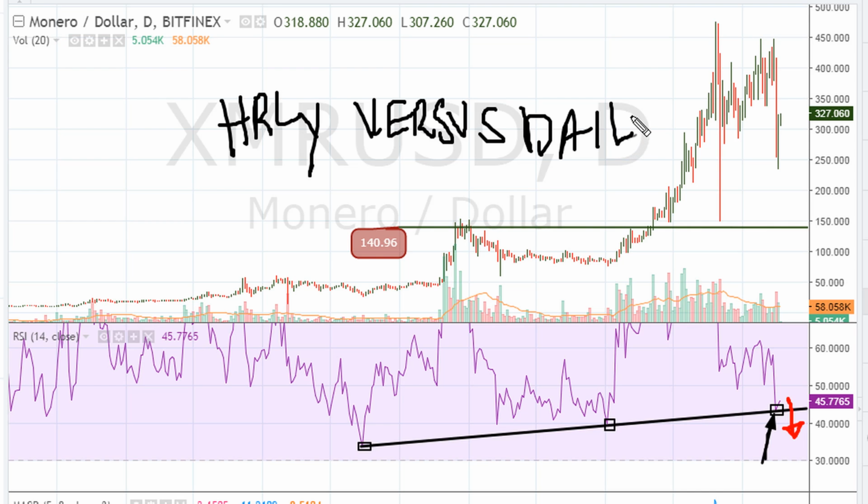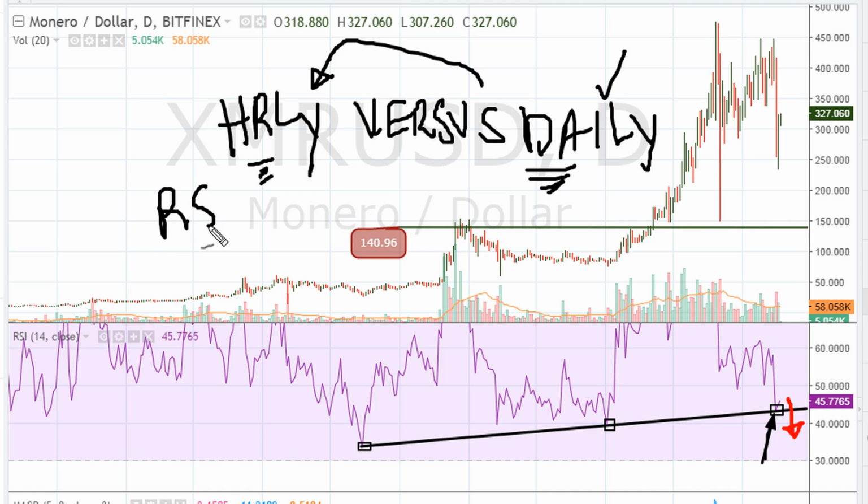Now, as a general rule, the bigger time frame always wins versus a smaller time frame, which means the hourly chart is going to have to clear RSI 50. So they're going to have to move above RSI 50, and all these cryptos are going to have to move above the uniformity resistance lines.